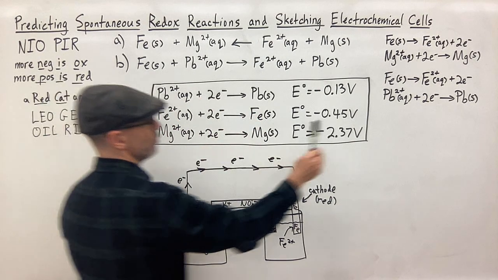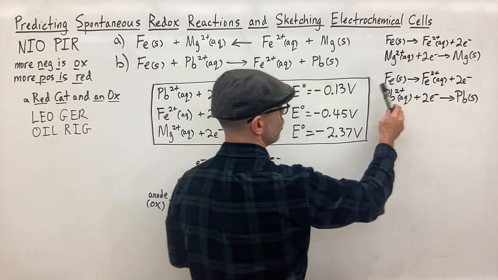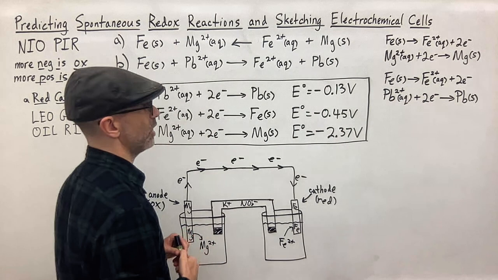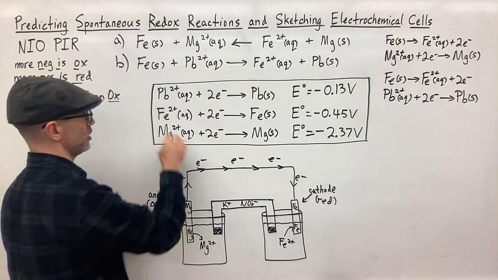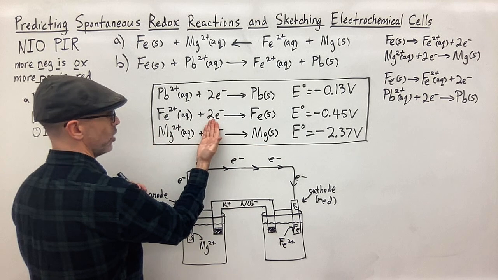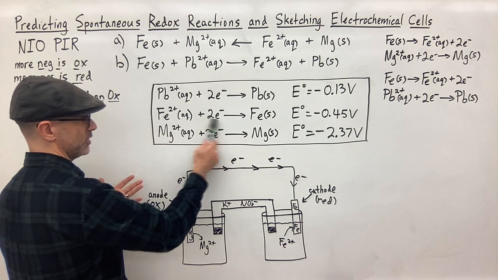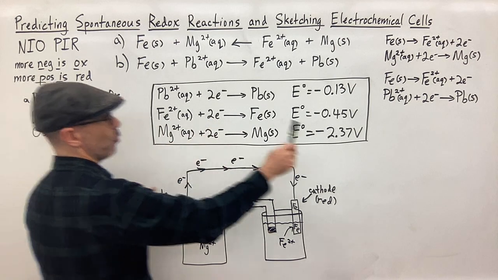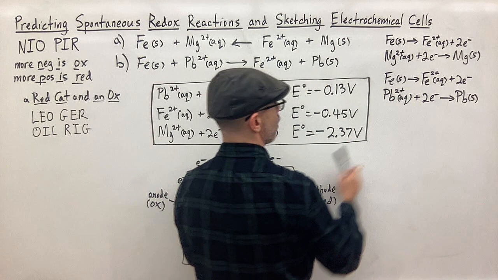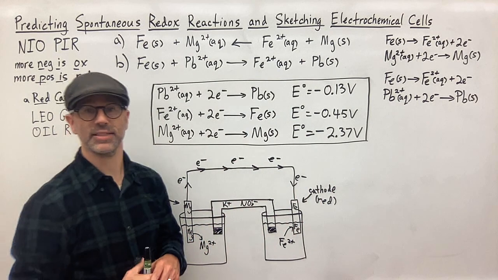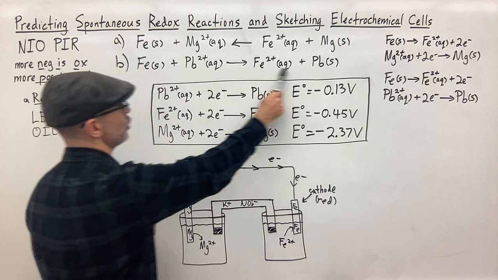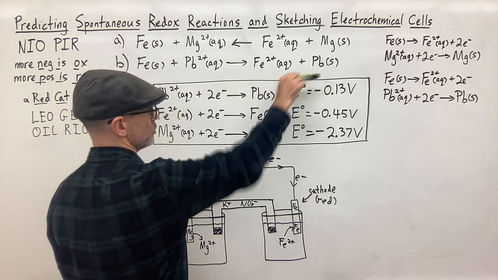And then iron, therefore, would be losing the electrons, undergoing oxidation. So since this is lower on the table than lead, we would flip this one to be oxidizing. Therefore, the way that this equation is written fits with what we would expect in a spontaneous reaction. So this actually would be spontaneous in this direction.